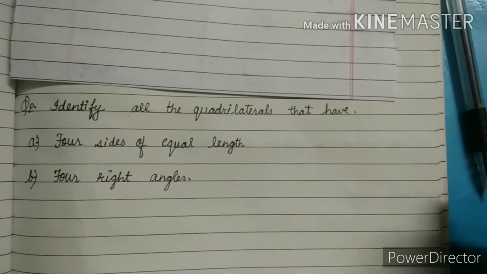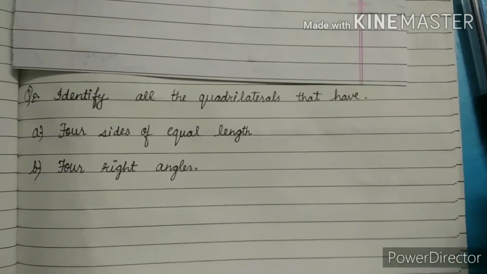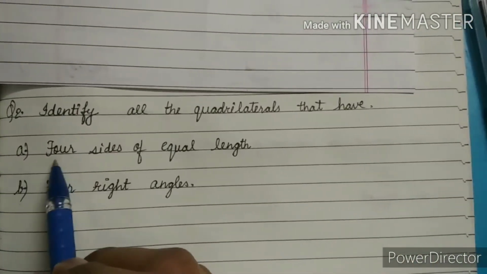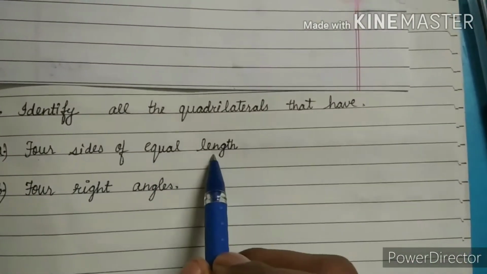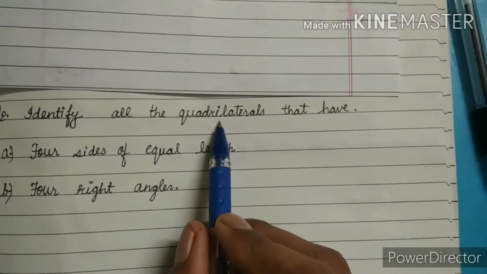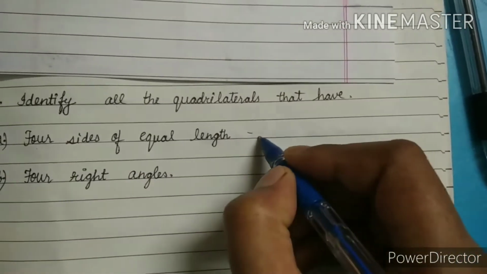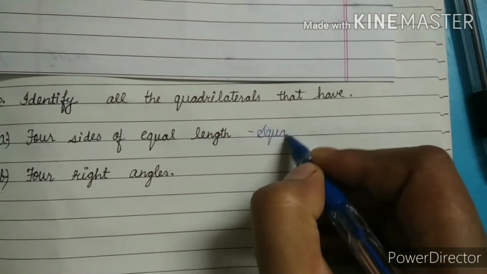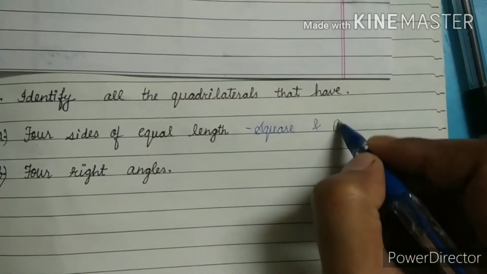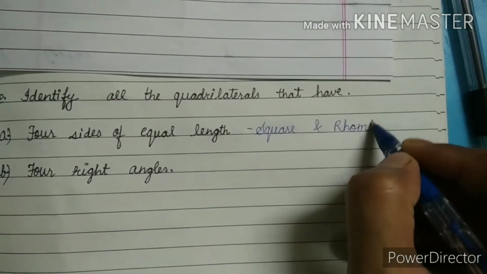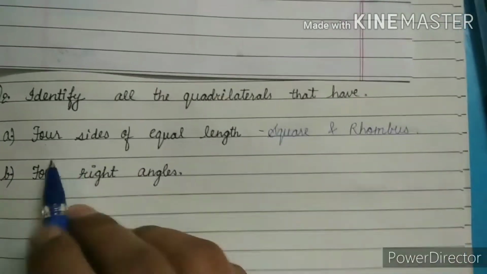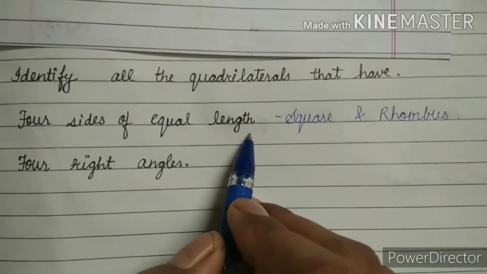Question number 2 is identify all the quadrilaterals that have: first, four sides of equal length. Which quadrilaterals have all four sides of equal length? First is square, and next is rhombus. Only these two have all four sides of equal length.